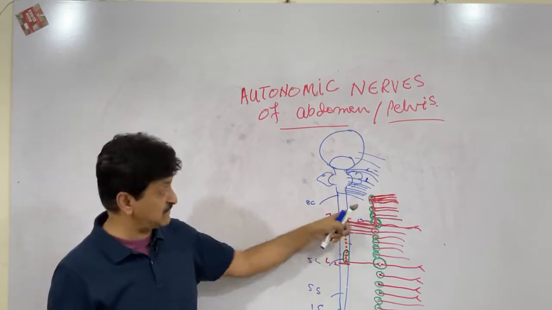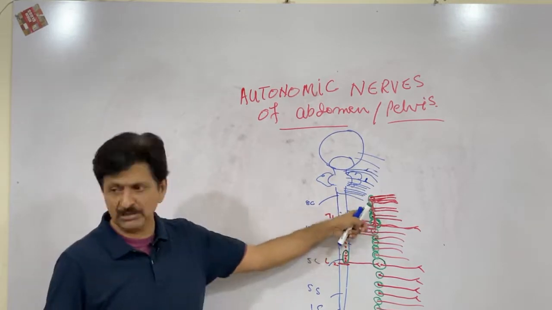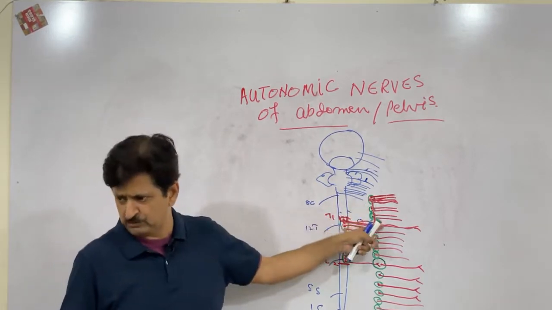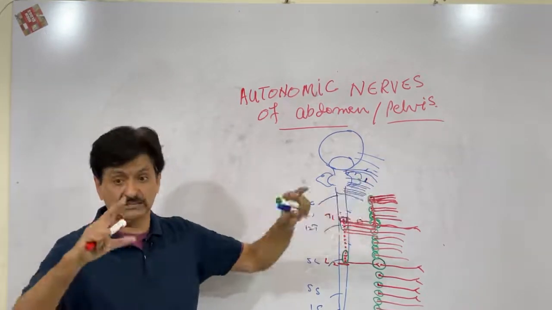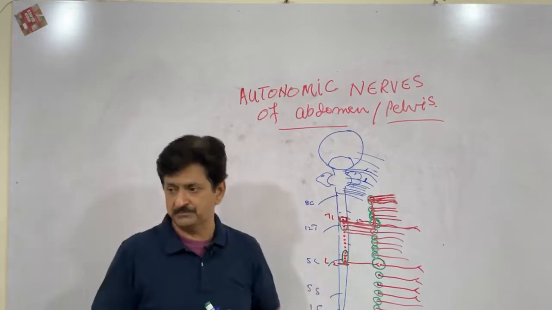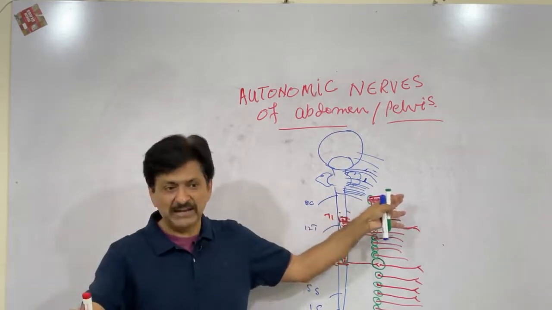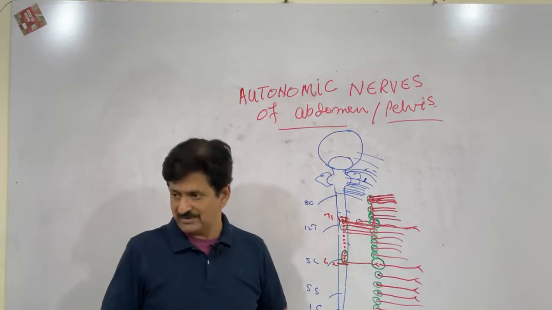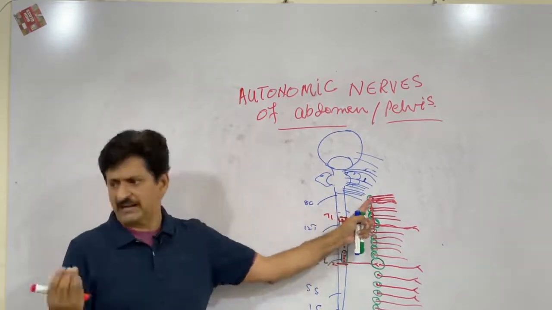But T1 has the more supply to the upper houses, the next one will be having more supply to the middle houses, and the next one will be having for the lower houses. But when this upper one is getting the supply to the upper house, for example, 4 ganglia combination, and they are actually giving current to what? To the postganglionic fibers going to the 4 nerves, right? How many fibers are going and rising up here? 90%.